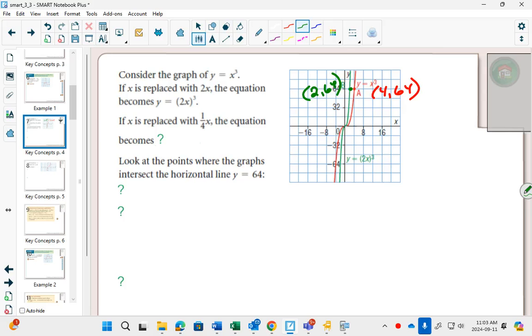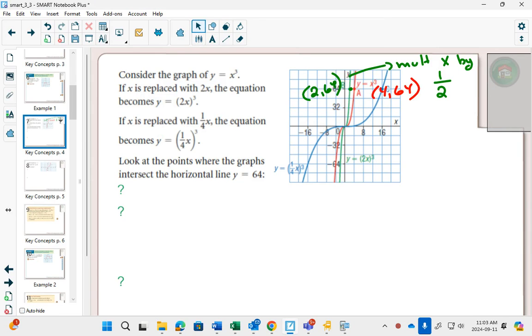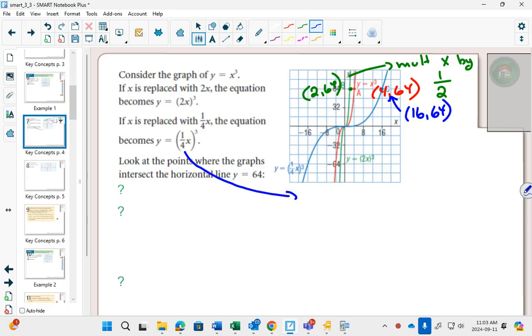So what did we do? I would say here, we multiplied x by 1 over 2 instead, or cut it in half. So x's are liars again. If you had 1/4, on this blue graph, you would have 16, 64.